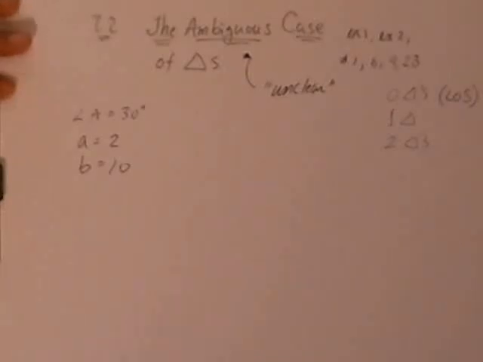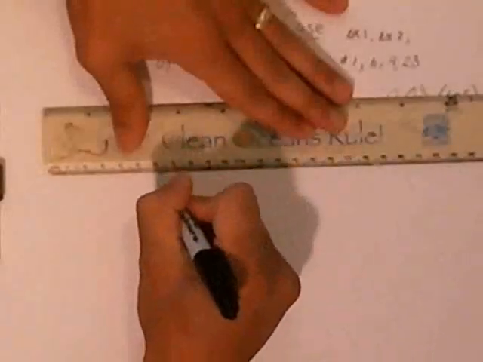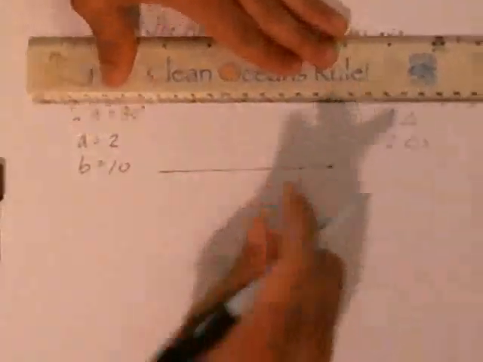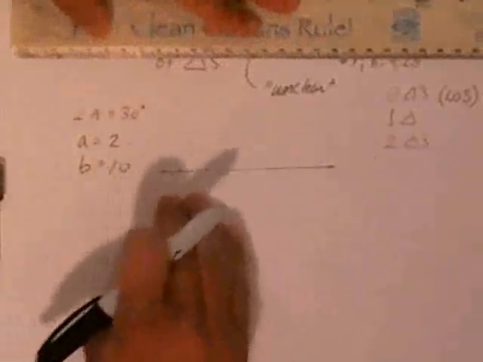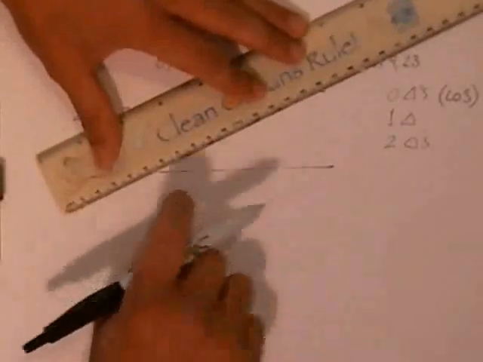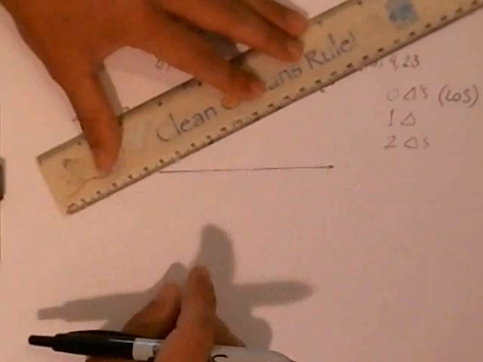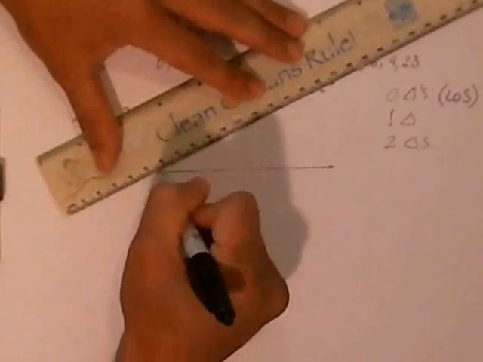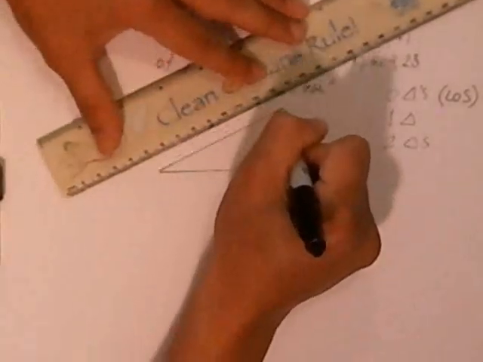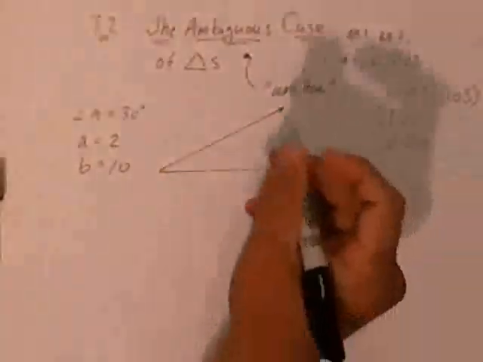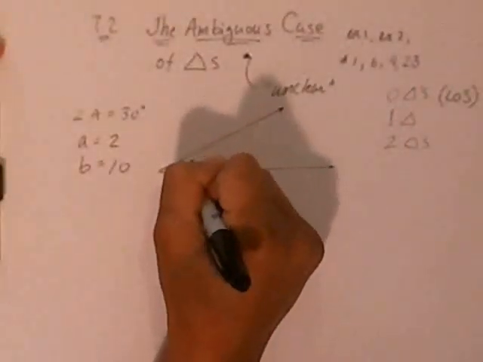So let's try to draw this out as accurately as possible. So I have a ruler right over here. And you can draw this as long as you want. And that's about a 30-degree angle right there. Pretty close to 30 degrees. And let's say this length is 10.